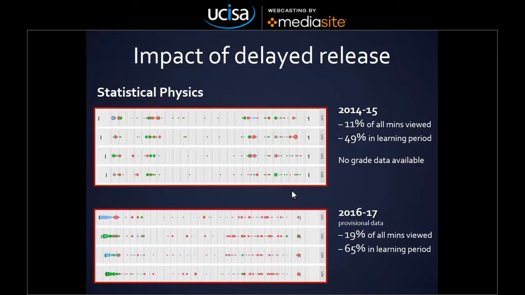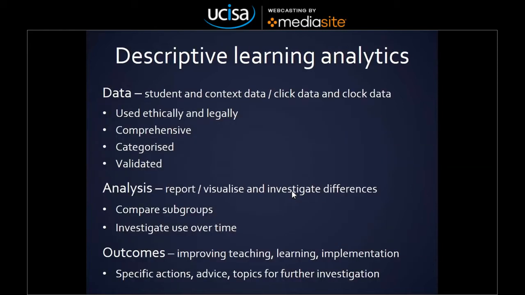When we suggested that he should release earlier, he released earlier in 16-17, and the number of minutes viewed increased. More of the viewing was in the learning period, and unfortunately we don't have comparable grade data between the two cohorts to say whether that had an impact. But we would hope that earlier viewing would have resulted in better learning.